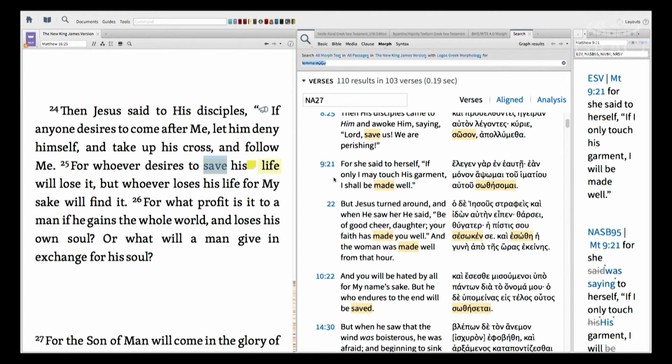We'll call this from physical disease. So under this category, you already have three uses. You've got 9:21 once, 9:22 twice, and you have 8:25 under big A. So big A was 8:25, big B, saved from physical disease, is 9:21 and 22 twice. Okay?